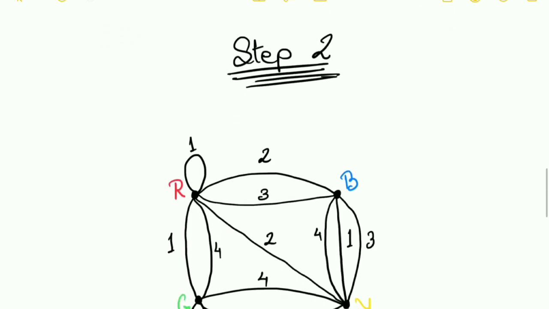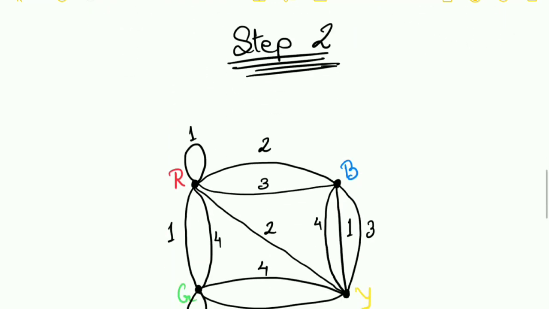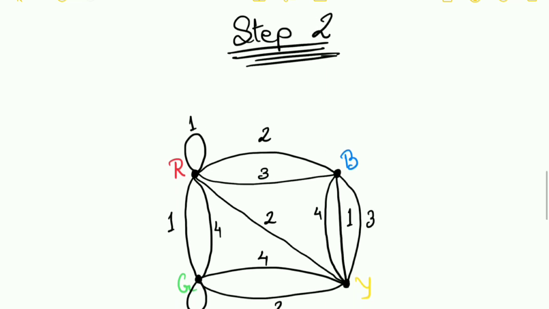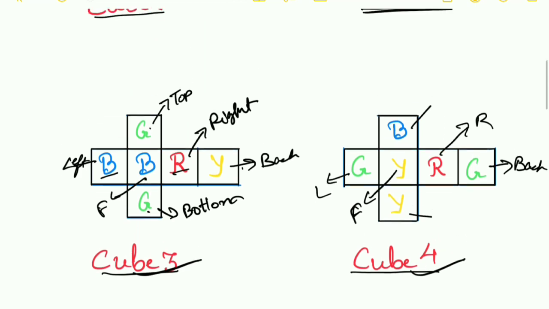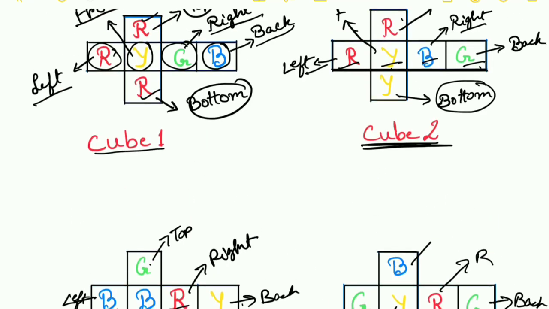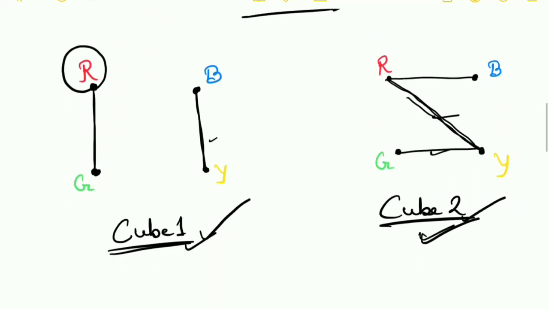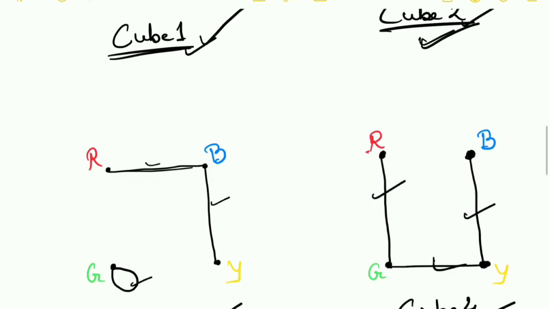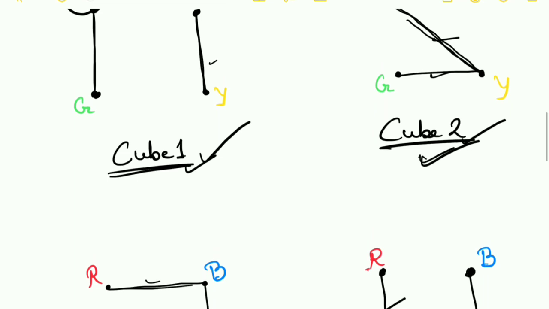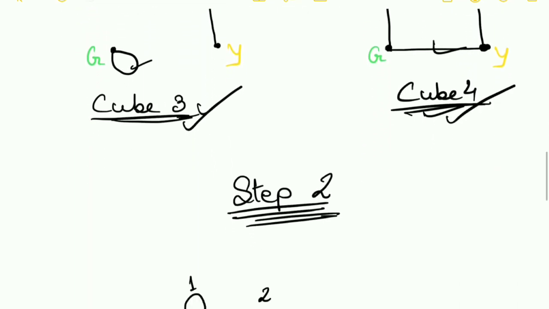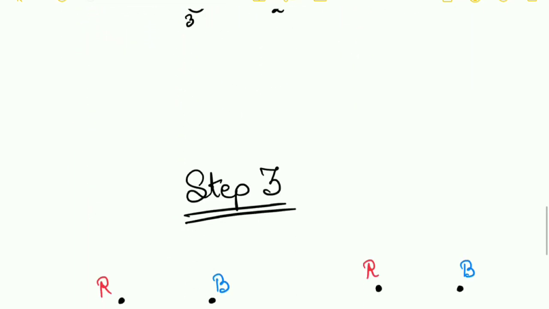So this completes step 2, where we have combined the graphs of cube 1, cube 2, cube 3 and cube 4 of step 1. Now let's proceed to step 3 of the 4 cube problem. In step 3, we will draw subgraphs considering the complete graph of step 2.